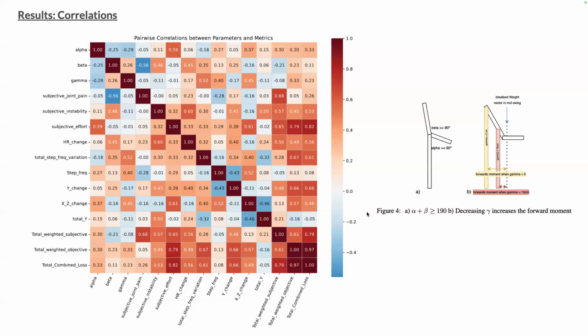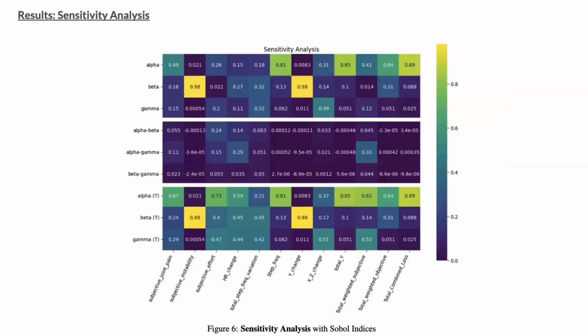We can keep talking about this, but the next bit of analysis that we can do is sensitivity analysis. Now this, instead of querying the data, is querying the model. This is querying what the Gaussian process has learned. The first three are the first order indices, Sobol indices.